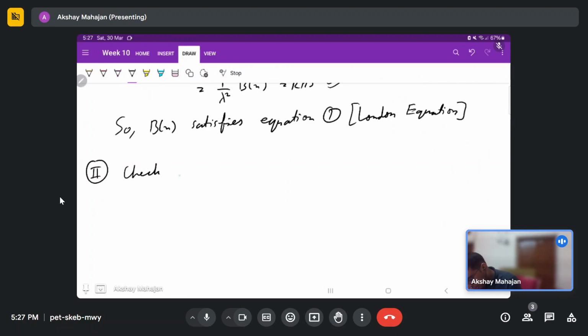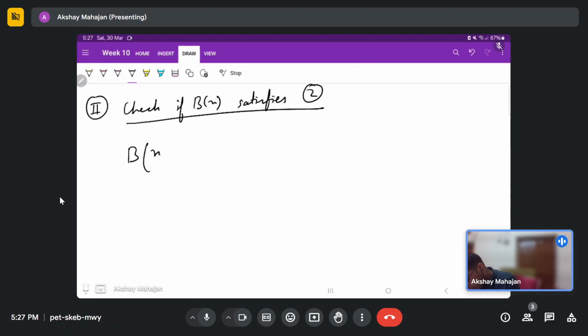Okay, now we also have to check whether B of x satisfies the boundary conditions or not, that is, equation number 2. So the boundary condition that we have is B at x equals plus or minus δ/2.